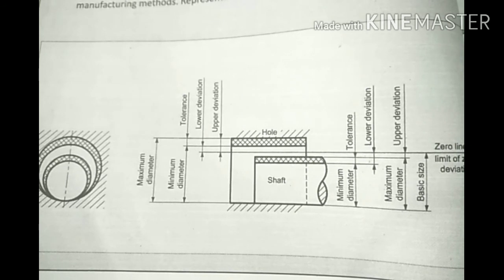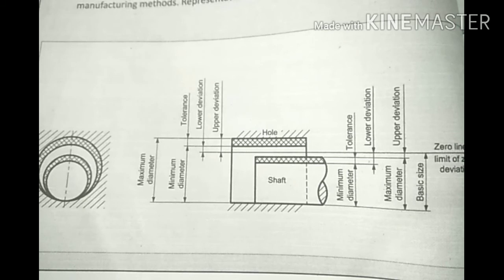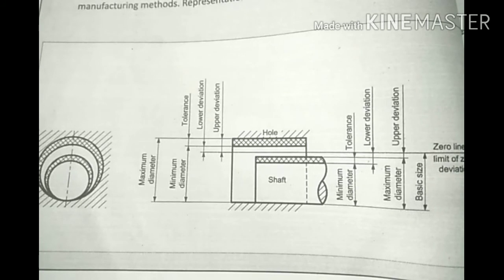So how much plus minus? The limit is to be decided, how much plus will be considered, and how much minus is to be considered. That is actually called the interchangeable system. Interchangeable system means, suppose in industry thousands of bolts are manufactured and thousands of nuts are manufactured.